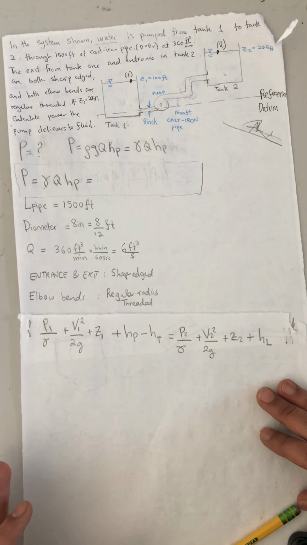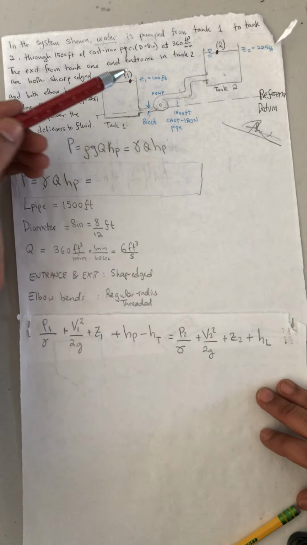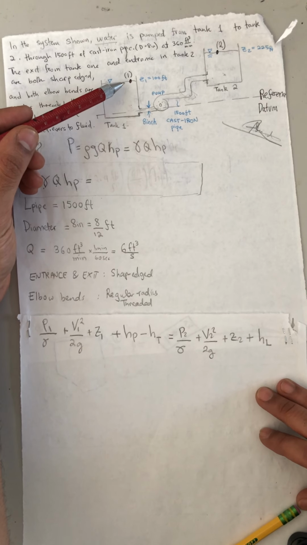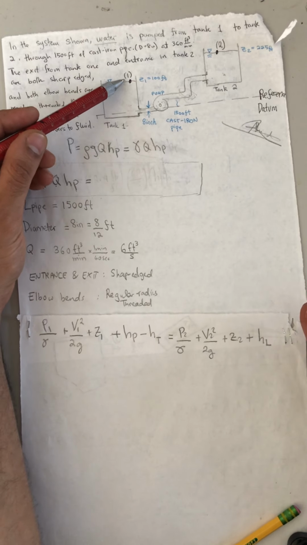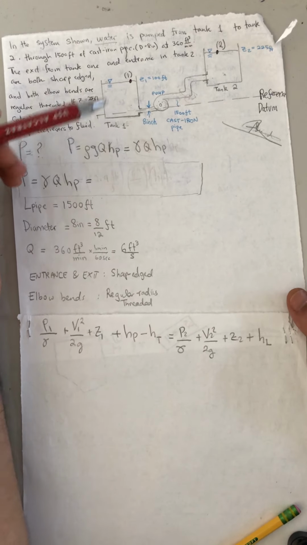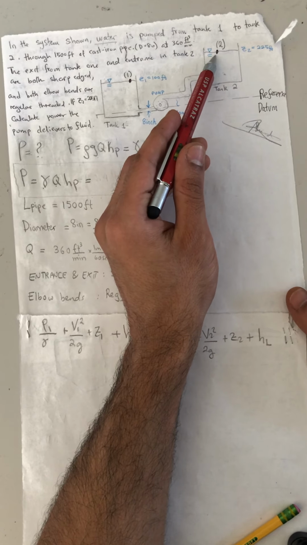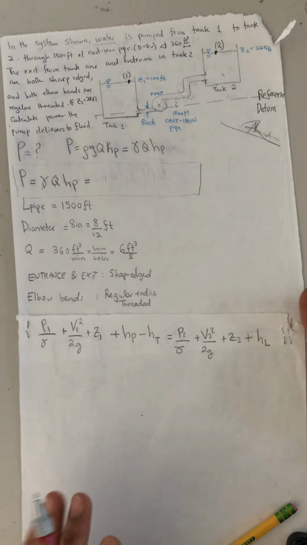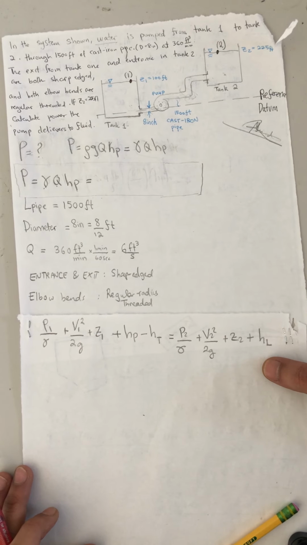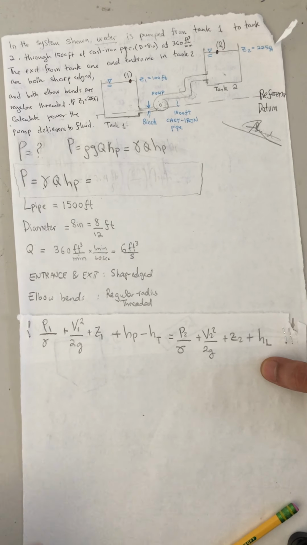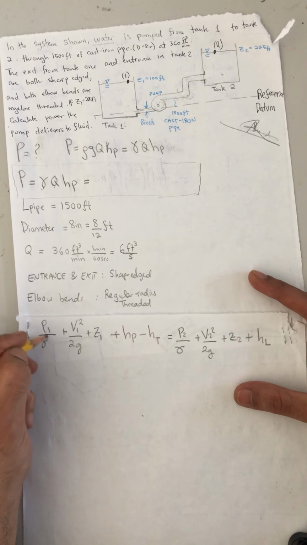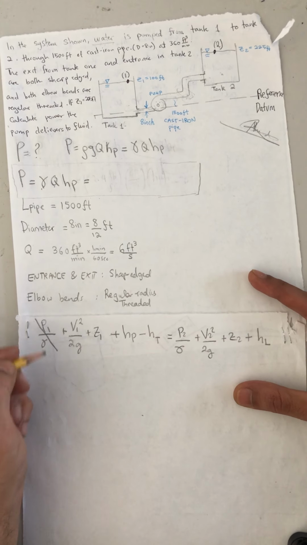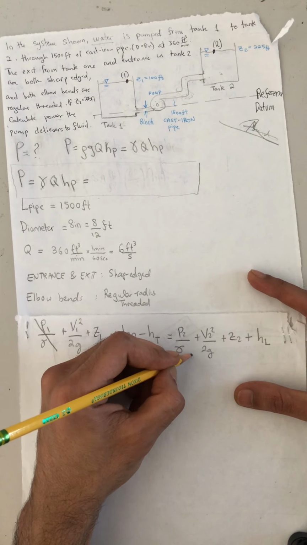With this in mind, we have said location 1 is at the top of our liquid open to the atmosphere, and location 2 is also open to the atmosphere. We can determine that our pressure goes to 0 because it is open to the atmosphere.